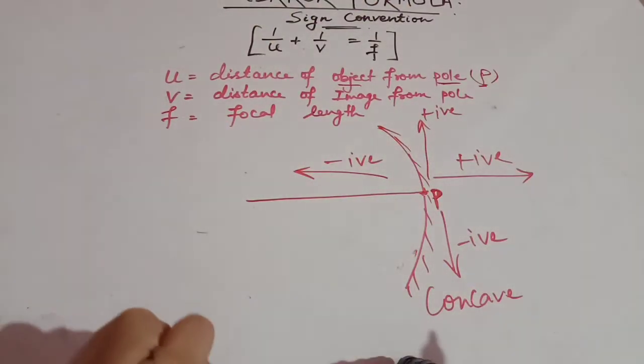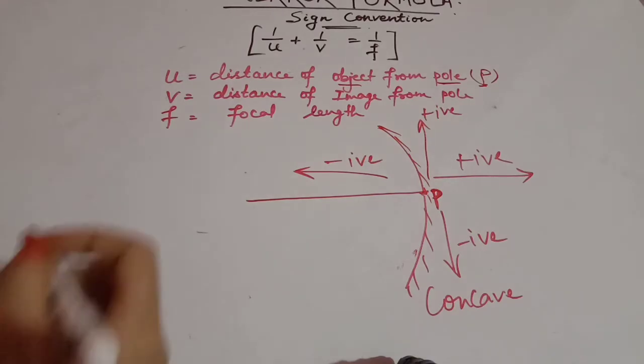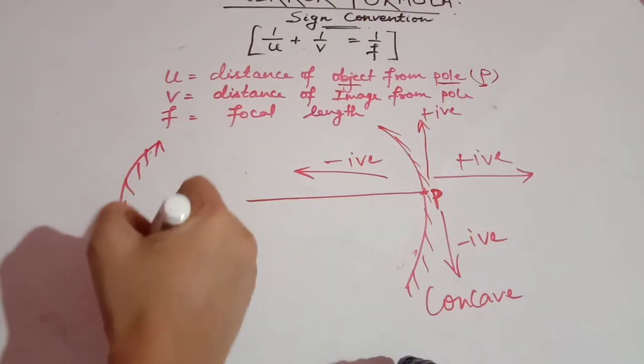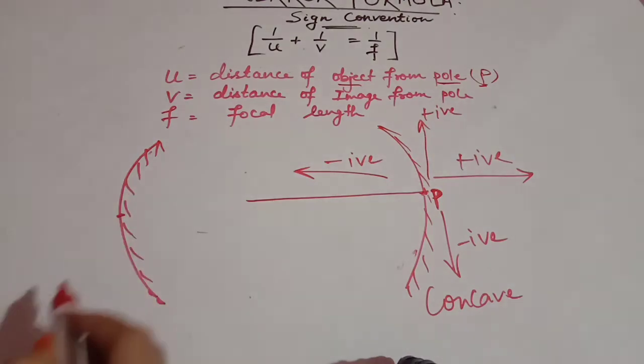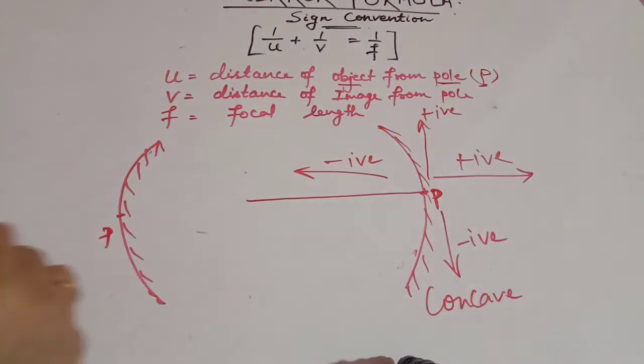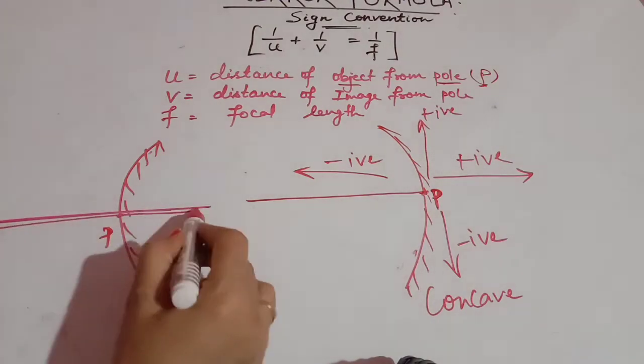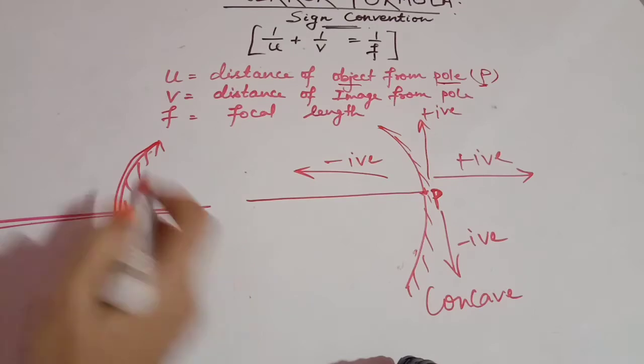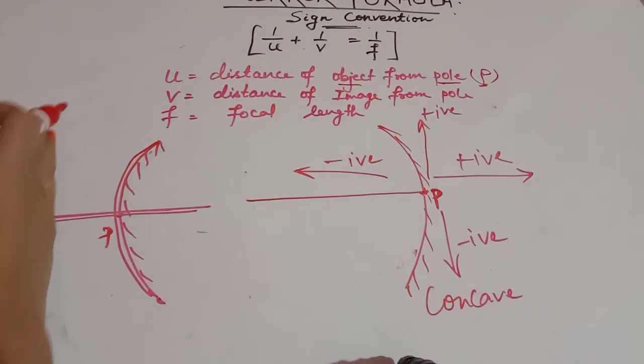And the same thing we have to follow for the convex also. In the convex mirror, suppose this is the convex mirror, so this is the P, the position of the pole, and this is our principal axis. Again the same thing: this is the reflecting surface, so you will keep your objects on this side, the left side.